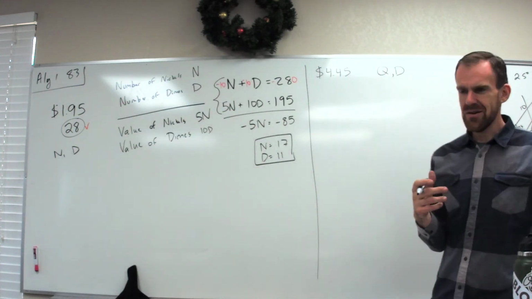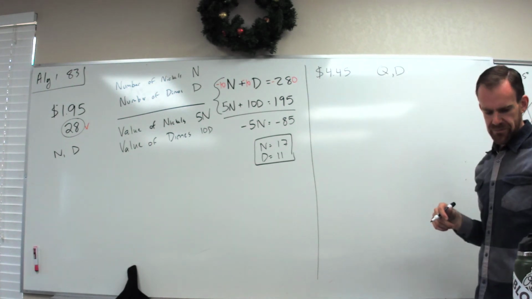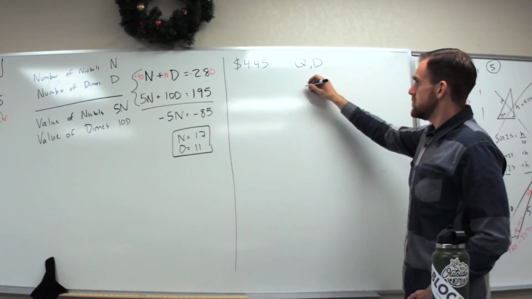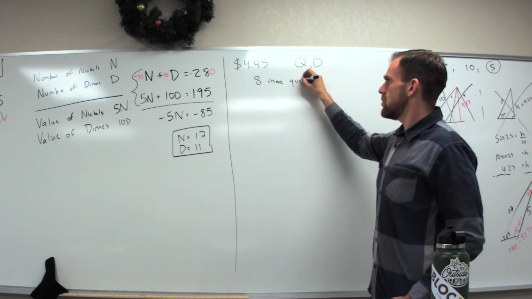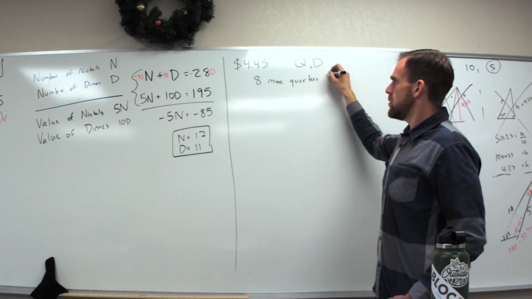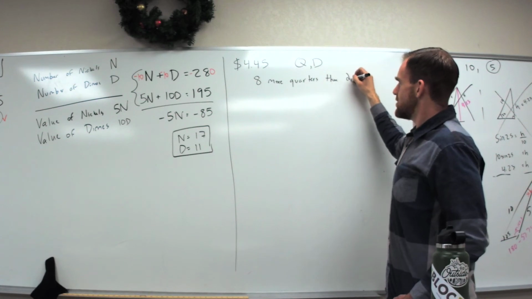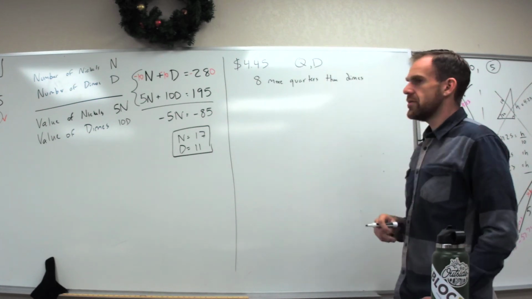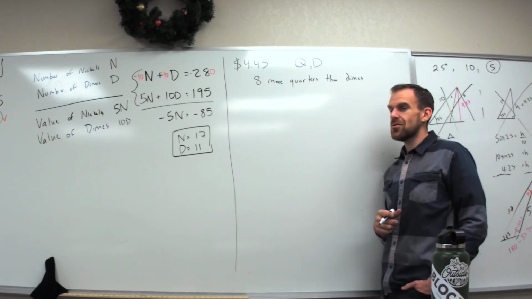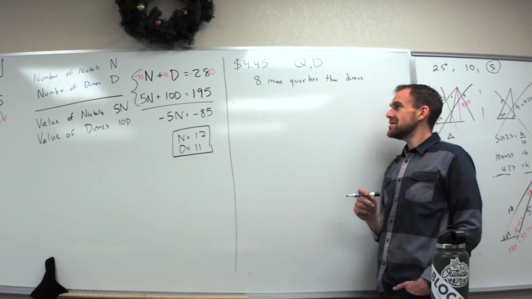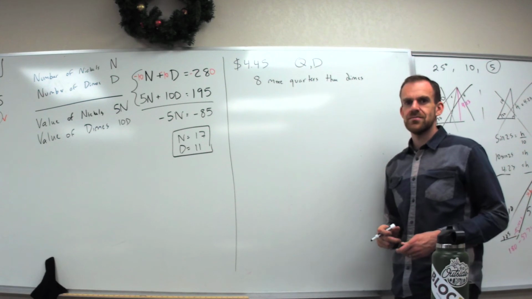Do we know how to write that equation? Evan has $4.45 in quarters and dimes, and has 8 more quarters than dimes.